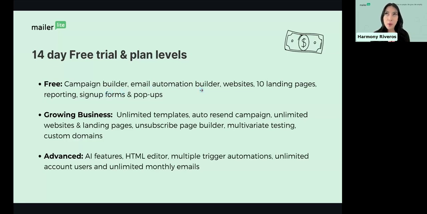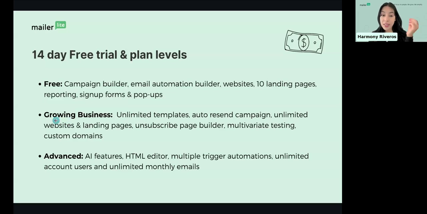Everything that we are showing in this session, you can do on the free plan as far as sending campaigns, building automations, websites, landing pages. You are limited to 10, but that is a good way to get started. You have all the reporting features as well as sign-up forms and pop-ups as well. So you do have all of this on the free plan.